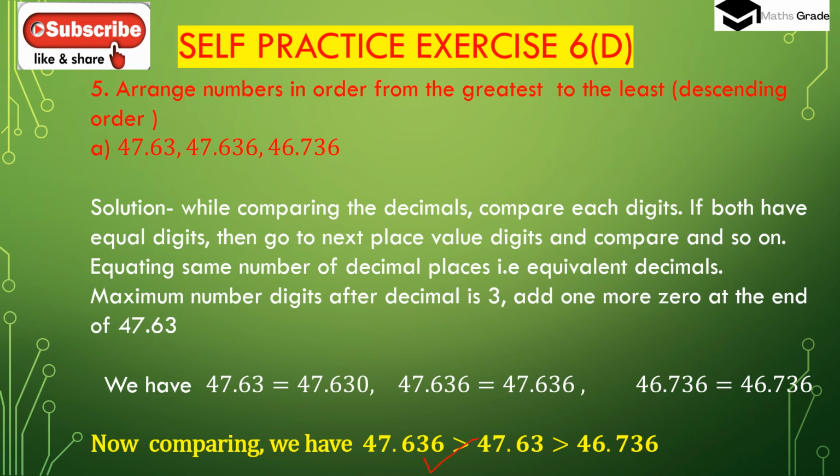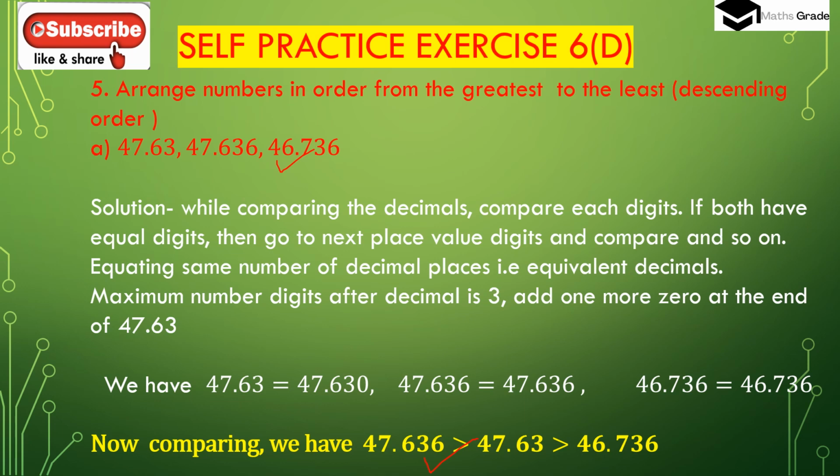In 47.63 and 47.636, both have the same whole number part, 47 and 47, but in 46.736 the whole number part is 46. So the least decimal will be 46.736. This is the smallest decimal.